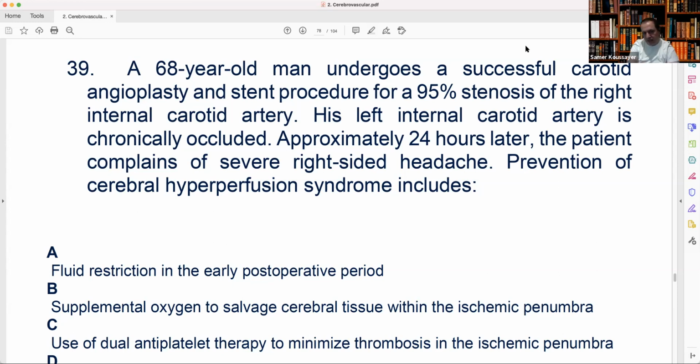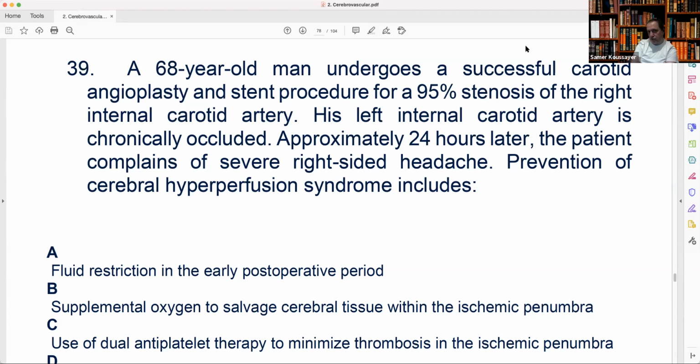If you have the other side occluded, and on this side you treat about 90% stenosis, the brain is getting very little blood flow, and suddenly you increase blood flow to the brain, then this can cause reperfusion injury. But you rarely get it if the other side is open. So the other side has to be severely stenotic or occluded, and you reperfuse this side, and then you get a reperfusion injury. As I said, severe headache and hypertension.